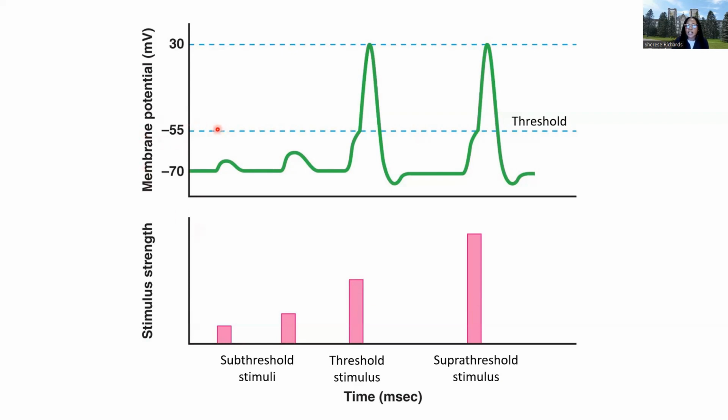Let's say it's going to go to negative 30, right? That is still going to generate the exact same action potential. So there's no difference in the duration, in the amplitude, in the size of the action potential, even when the stimulus is significantly larger.